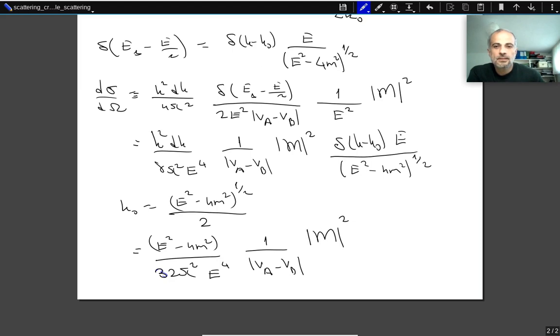Well, this e cancels one of these e over here, so it's just e cubed. And we have another factor, the square root of e squared minus 4m squared over here, so it gives a 1 over 2 over here. So the sigma over the omega is equal to this expression over here.